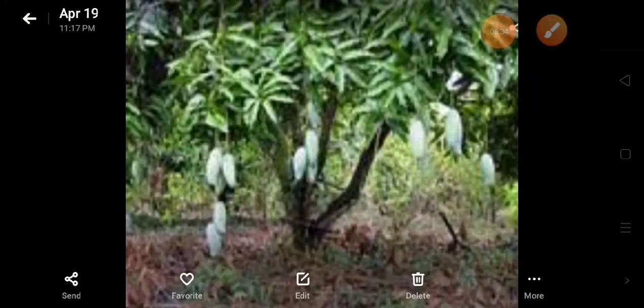Now let us read about the plants that grow in the plains.